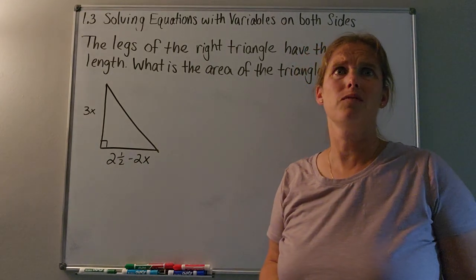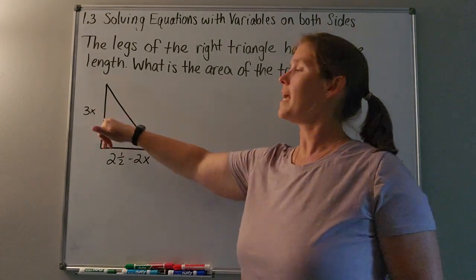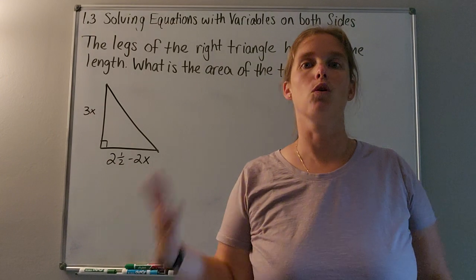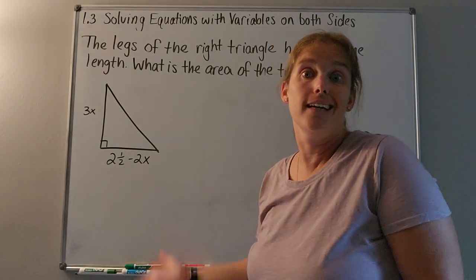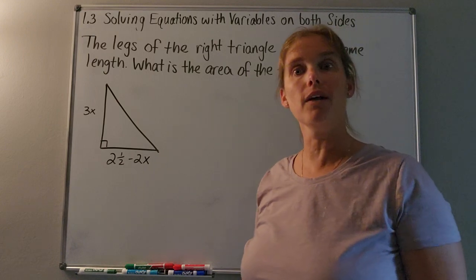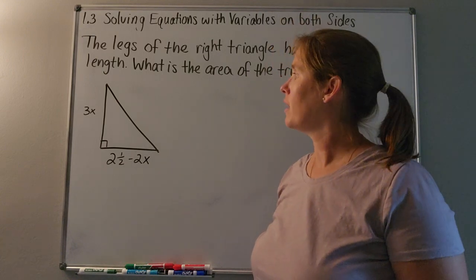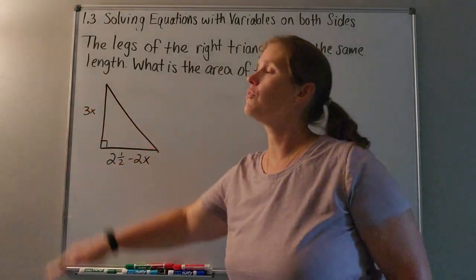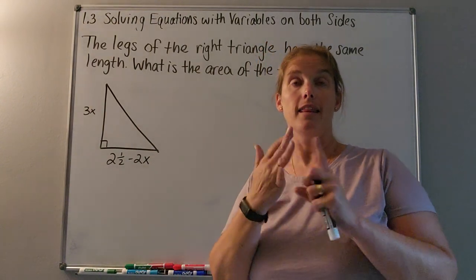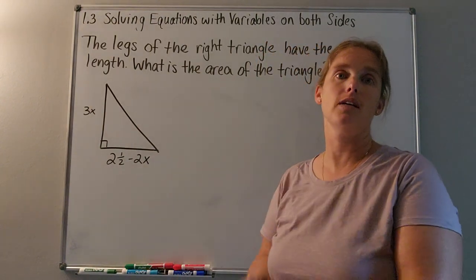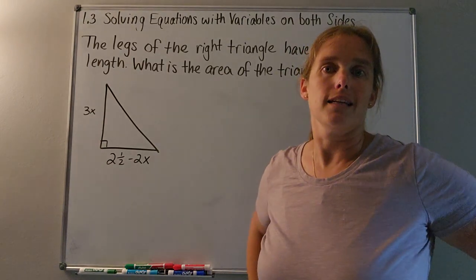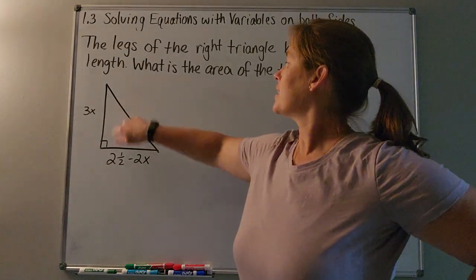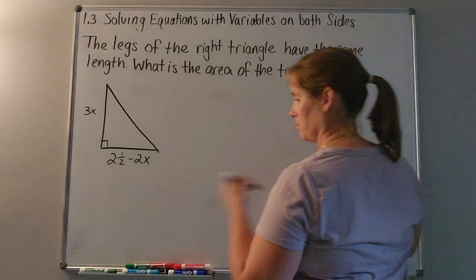Maybe we got to figure out, what's the area of this space because we're going to get dirt for a garden, sod it in, I don't know, but you might have a right triangle and you need to figure that out. So now we're going to have to figure out first, what is x, then the area, because if we just start plugging stuff into the area equation, we don't know what x is, we don't know what the actual side length is yet. So it says they're the same length, so let's create an equation.